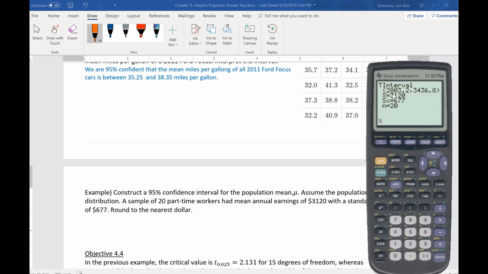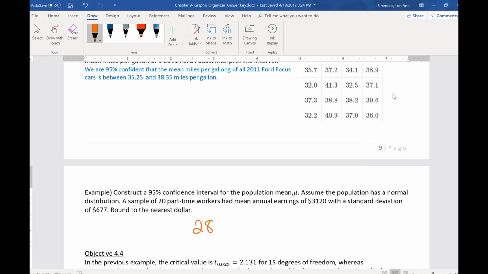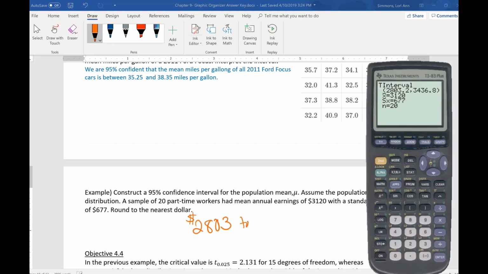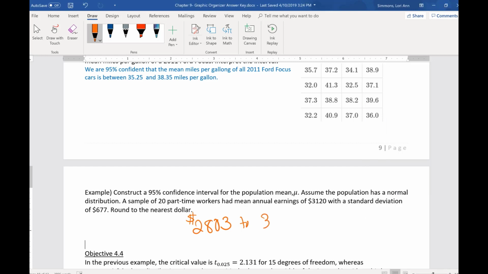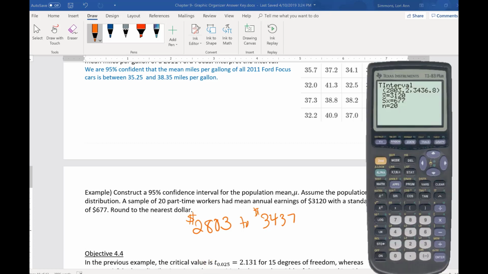It says around $3,400. So again, we are 95% confident that the population of part-time workers had a mean annual earnings between $2,803 to $3,437.